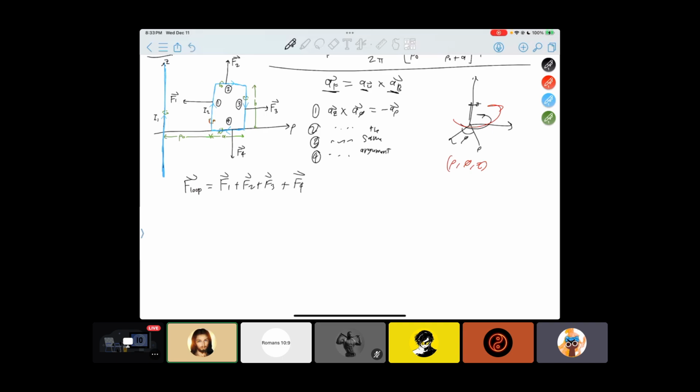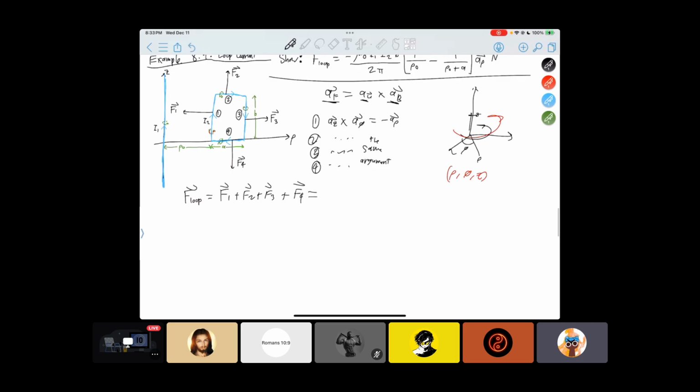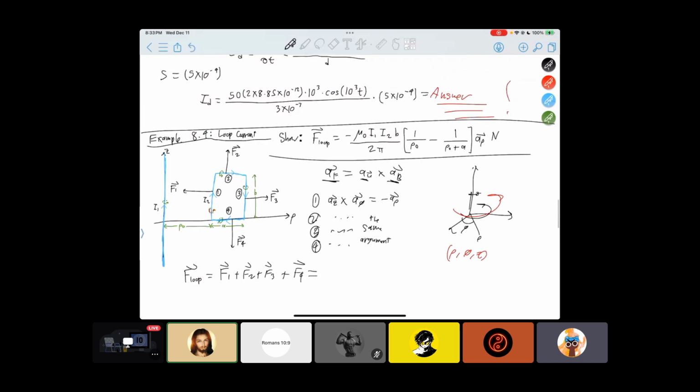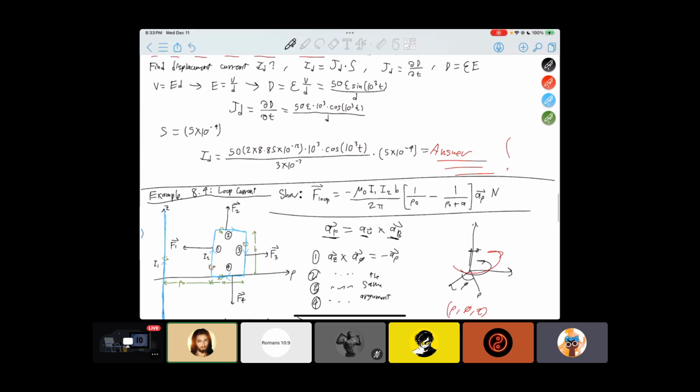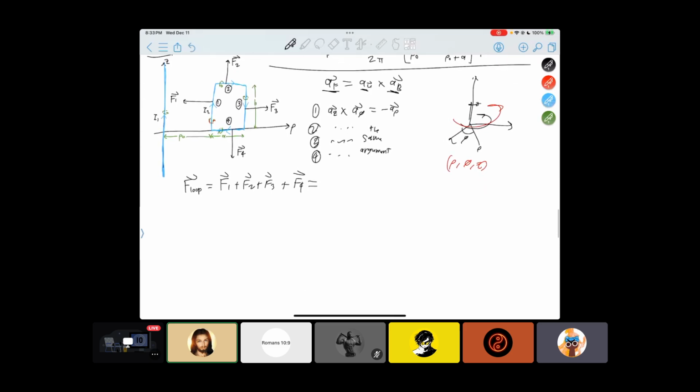All right, and we know that every single force is basically going to be what? Oh, this is going to be nice and interesting. Okay, so we can go ahead and look at our analysis sheets first of all.